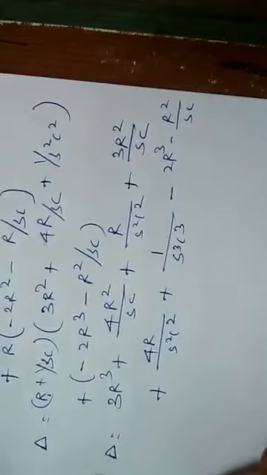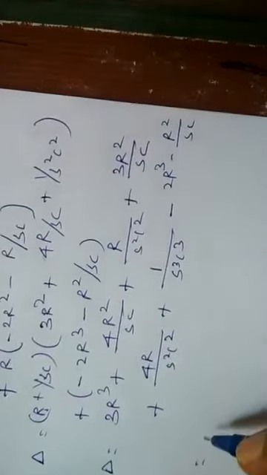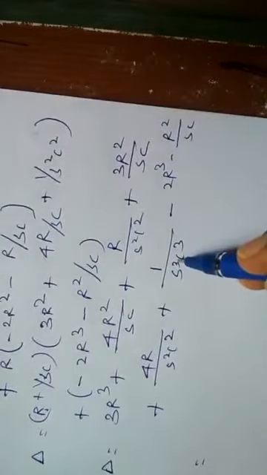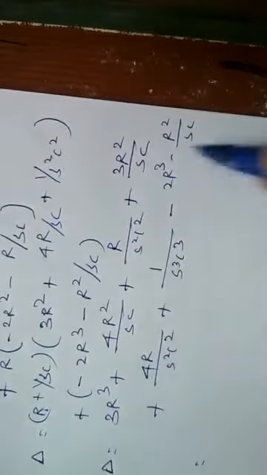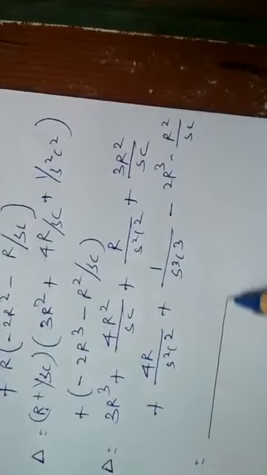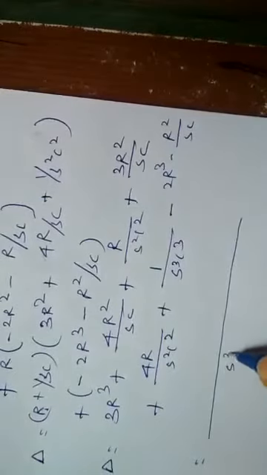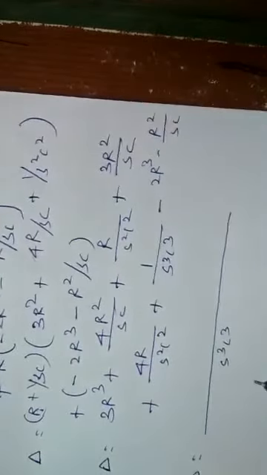So in this del equation, s cube c cube is the common and it is the bigger value for all these terms, so you have to take that as common term in the denominator, s cube c cube.